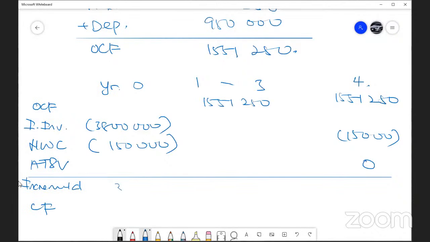Here is negative 3,950,000, then 1,551,250. This one is not negative, it is positive, and in the last year plus 150,000, which is $1,701,250.